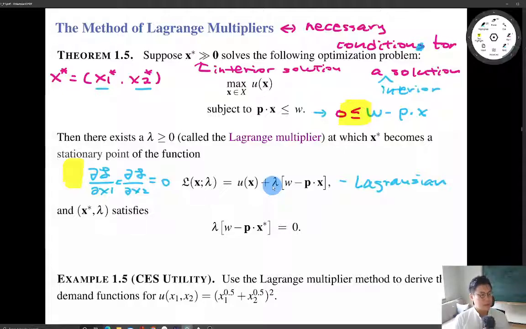Additionally, the interior solution and the Lagrangian multiplier satisfy the following equation: the product of the Lagrangian multiplier and this expression, the portion of the budget constraint, should be equal to 0. That is called the complementary slackness condition.